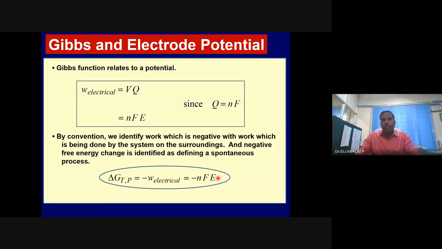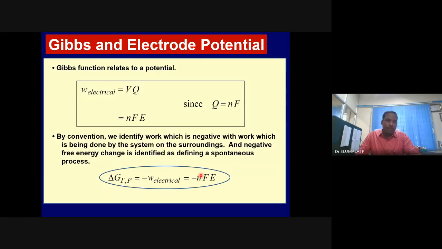By now, we can blindfolded tell when this delta G can be negative. When can the delta G be negative, or will be negative? n is constant for a reaction. It cannot be 0.